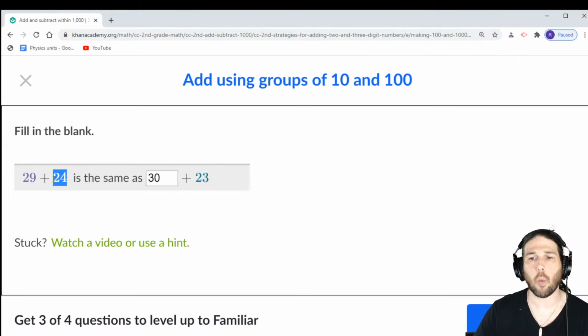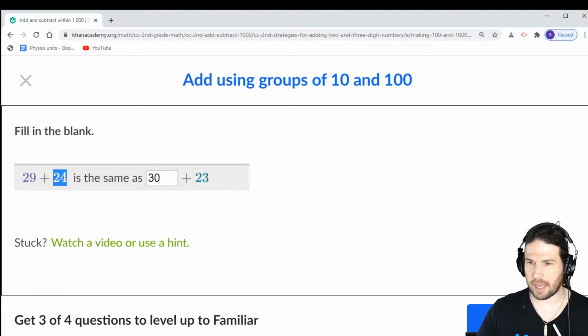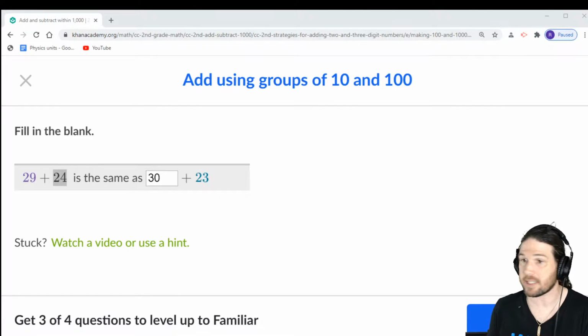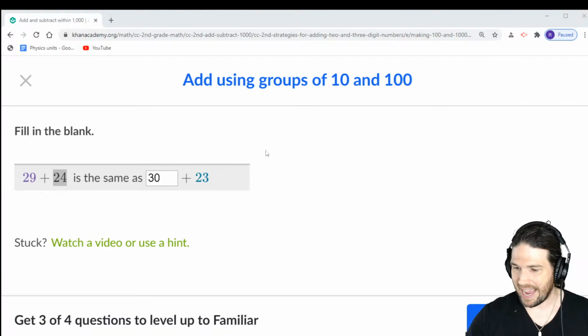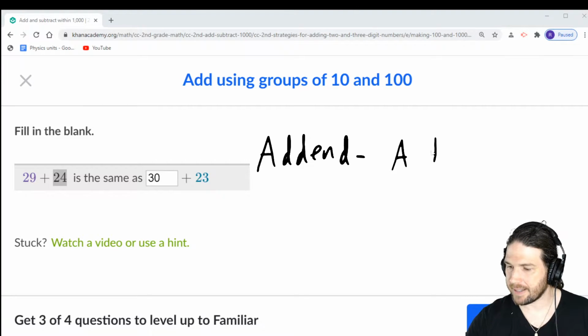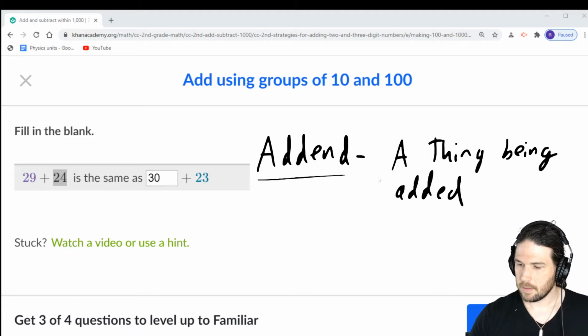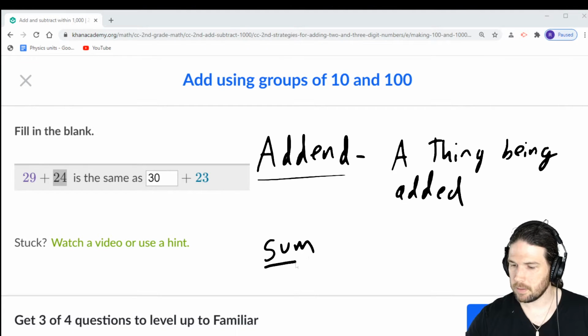I can take one away from one of the addends, and I'm going to go ahead and give you that bit of vocabulary right now since we are here. An addend is a thing being added. Which makes a sum the answer to an addition question.